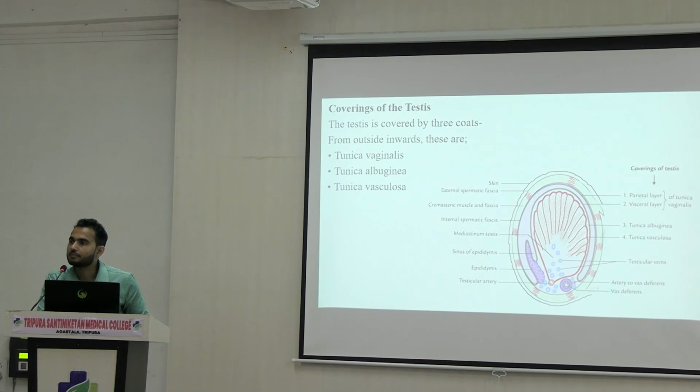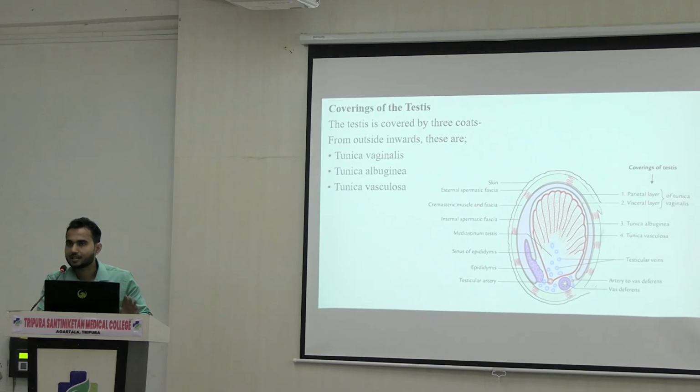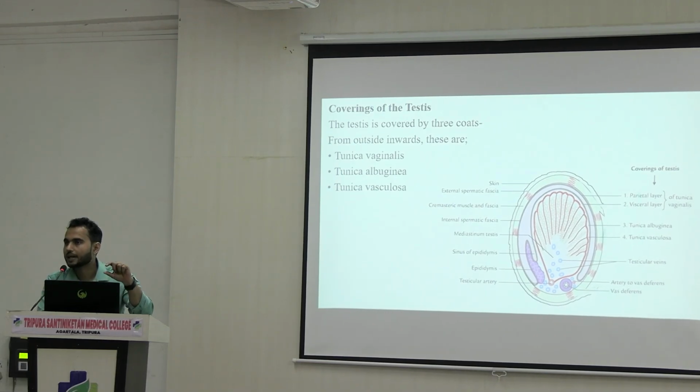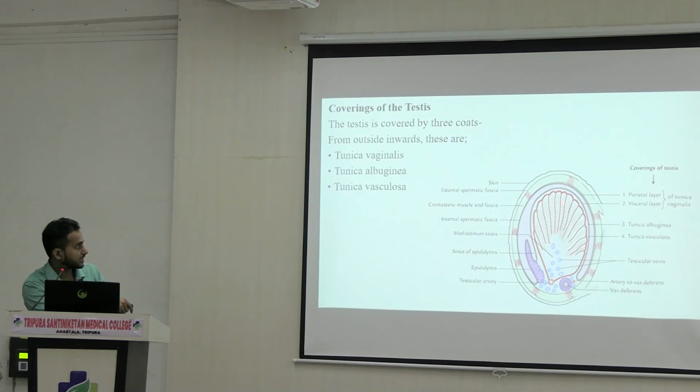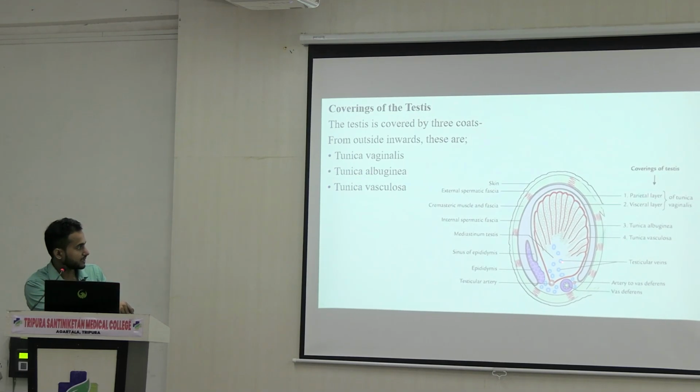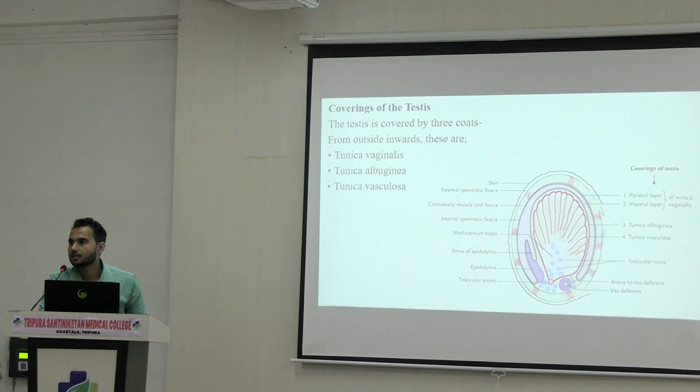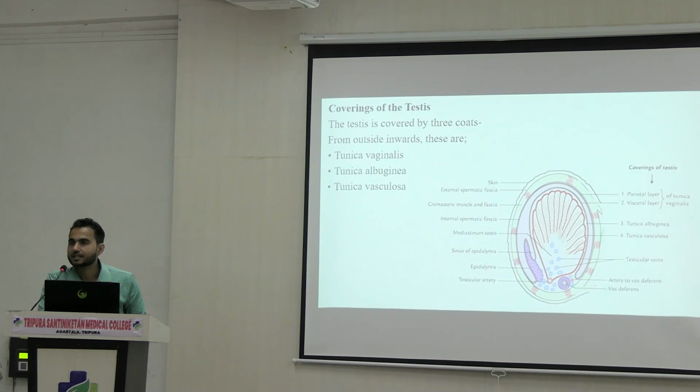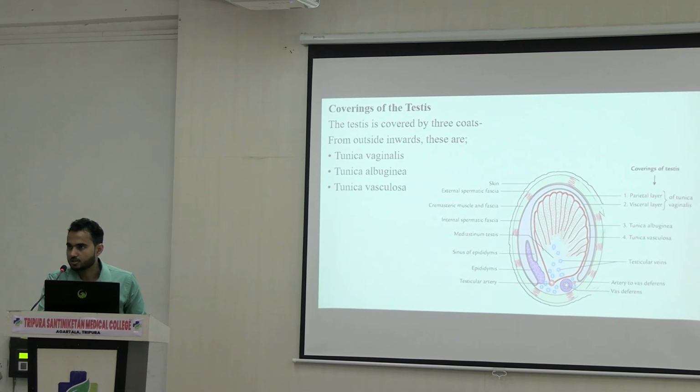From that mediastinum testis, various septa go and divide the testis into various lobules, as you can see in the diagram. Here I am talking about this mediastinum testis. From it, the various lobules of the testis are formed, and inside the lobules, seminiferous tubules are present.